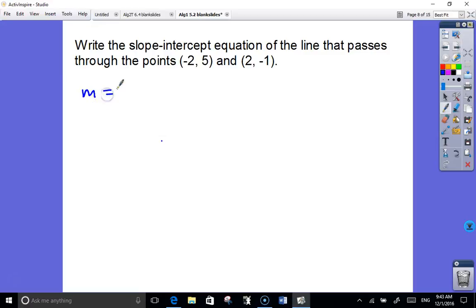Remember that the y's go in the numerator and the x's go in the denominator. So it should be -1 minus 5 divided by 2 minus negative 2. That's like saying negative 6 over positive 4, which is negative 3 halves.